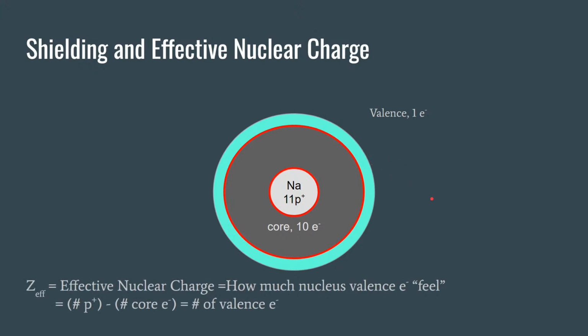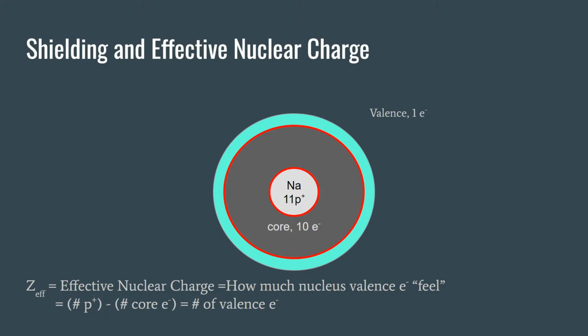Okay. So effective nuclear charge is, remember Z, capital Z, we used that to represent the atomic number, how many protons there are in the nucleus. We have Z effective. So effective nuclear charge is how much of the nucleus the valence electrons can feel.